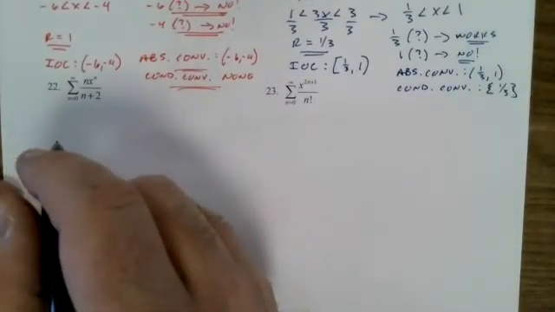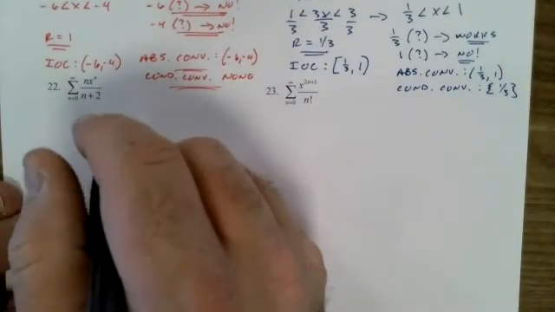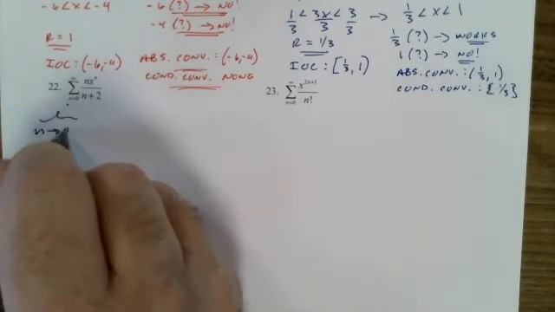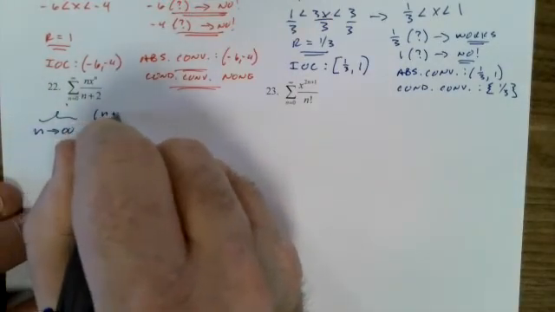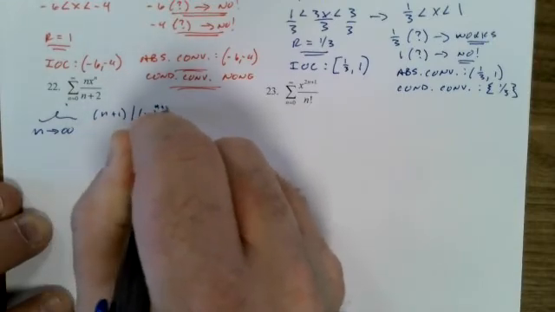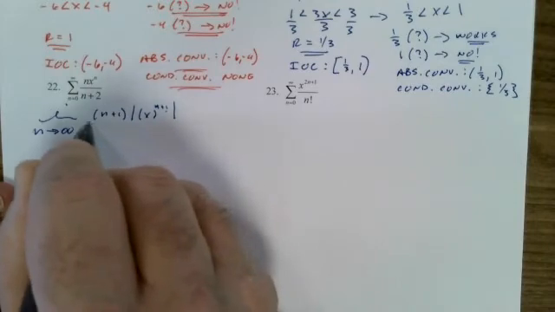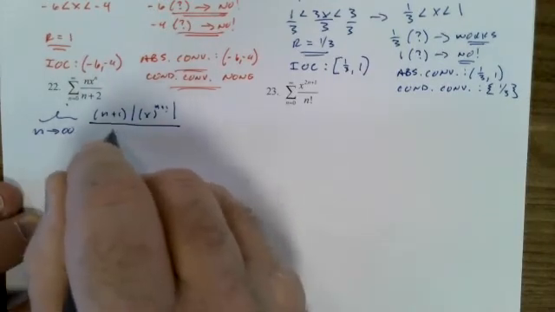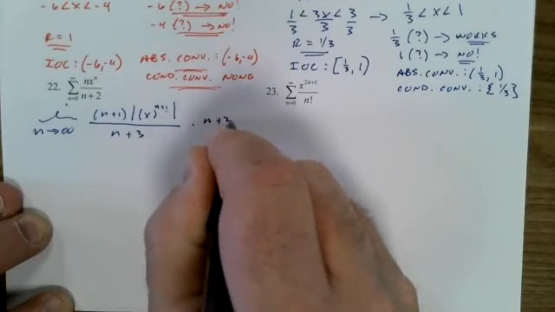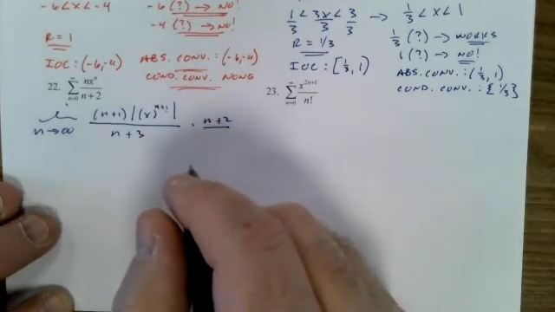Onwards. Limit n goes to infinity of n plus 1 x to the n plus 1 over n plus 3, n plus 2. Wow, what a mess.